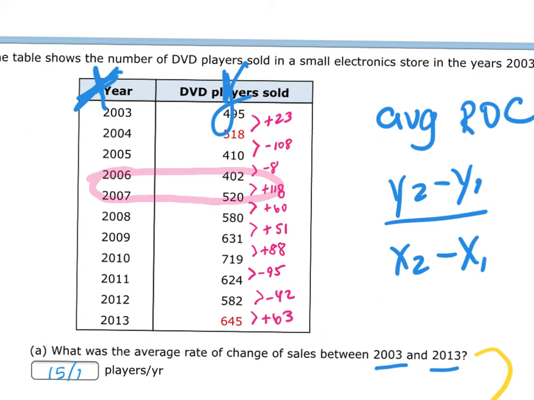The next question asks, well, when was the decrease the highest? Well, where is the highest negative number you see? Between 2004 and 2005. Math-wise, that question's not real hard, but you guys have to think a little bit on that one. But does that make sense after I just went through all that?